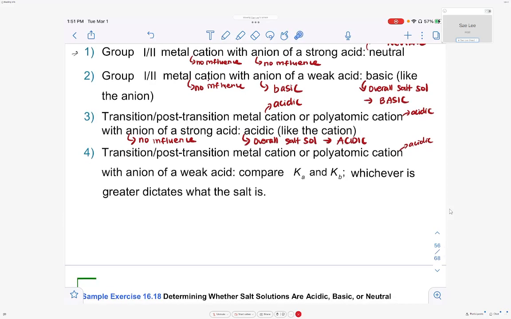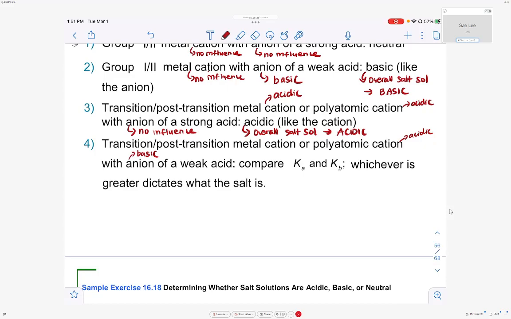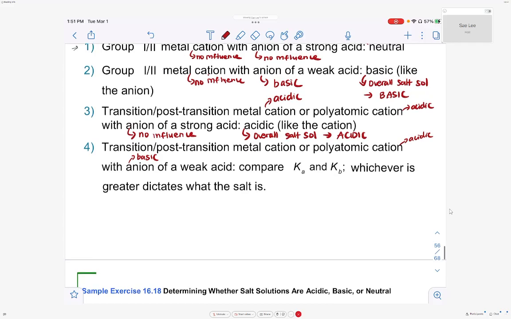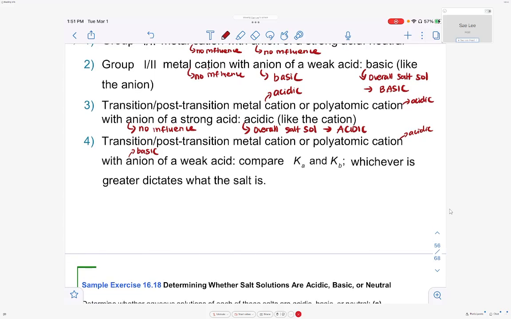The anion of a weak acid also has influence on pH. These will make the solution basic. So in this case, you have to compare the Ka and Kb.